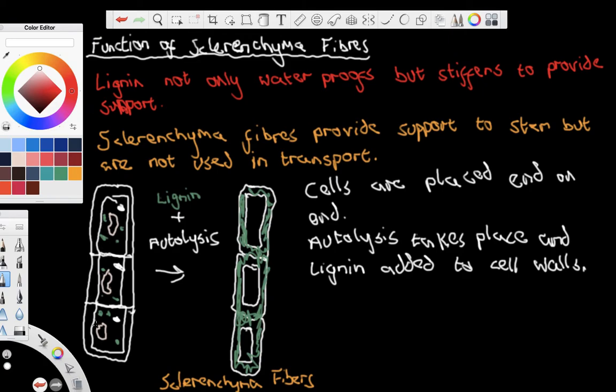So I'm going to go to red. This is the key difference, but end walls are left in place.